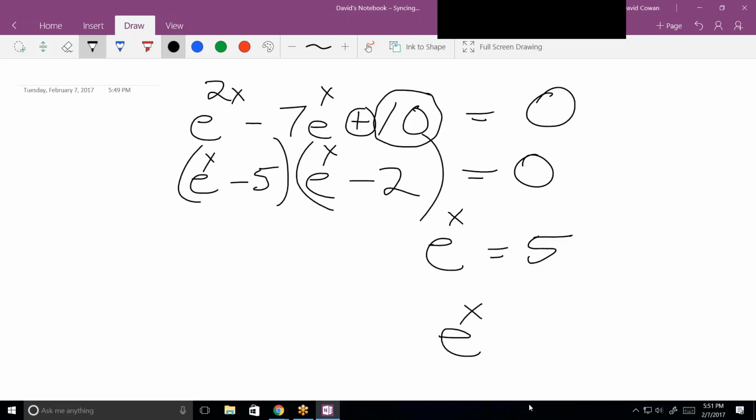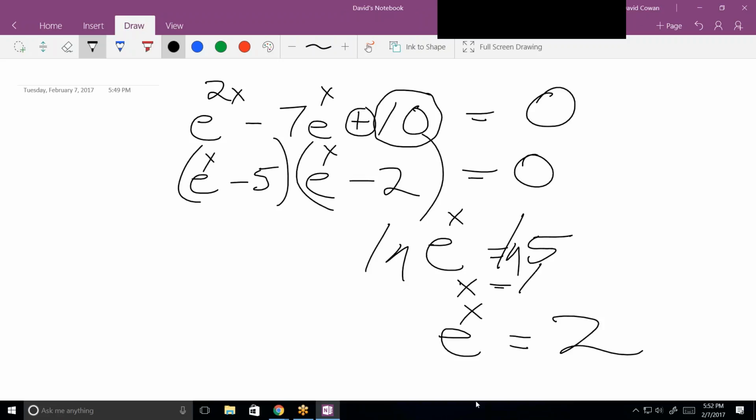How do you solve this? The first one, you take the natural log of both sides. In other words, like any algebra equation, you can do anything you want to one side as long as you do it to the other. If I take ln of that side and ln of that side, the left side becomes just x.